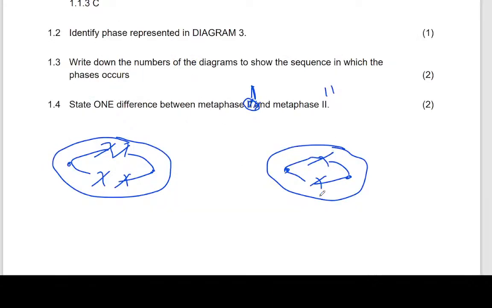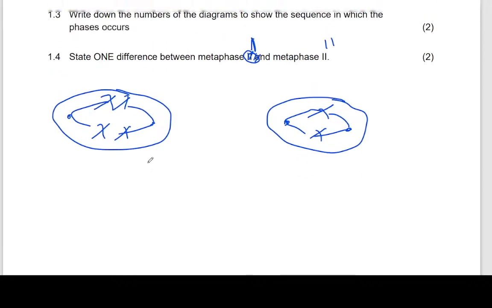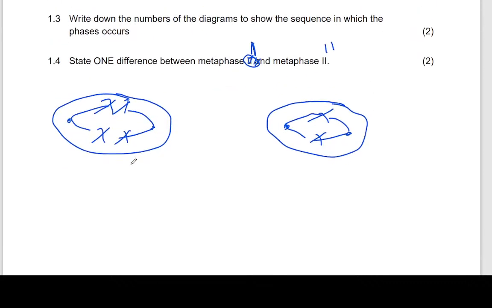So chromosomes in metaphase 2 align along the equator singly or individually, while in metaphase 1 chromosomes align along the equator in homologous pairs. That is the major difference you are supposed to talk about. If that question comes, we like to ask metaphase.